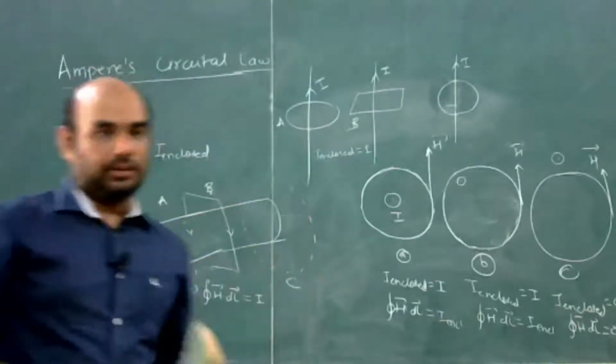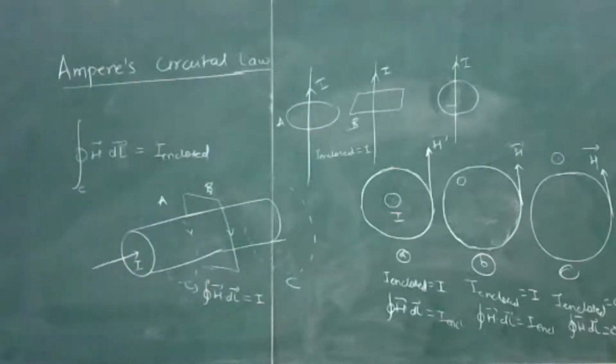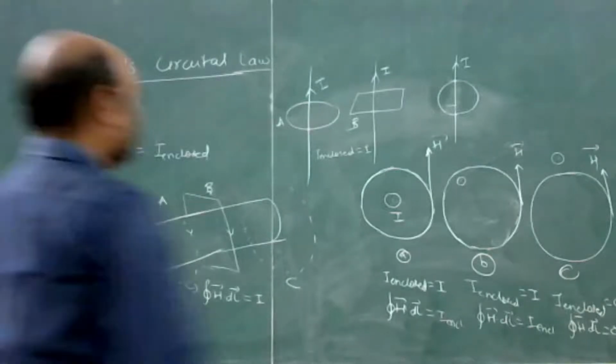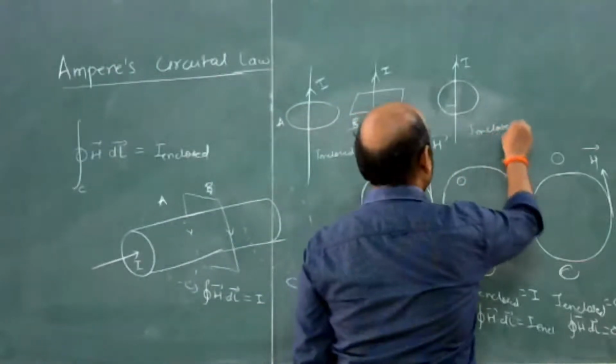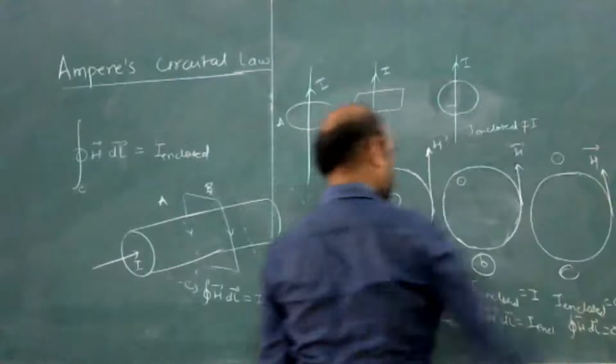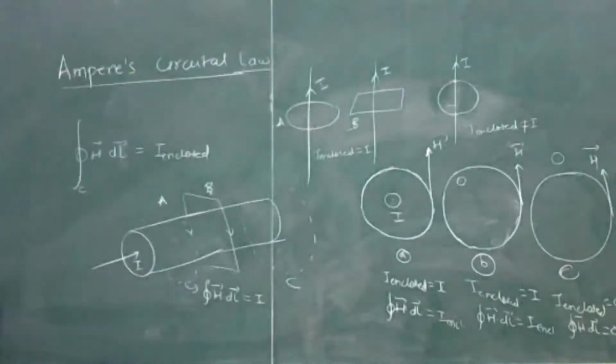So here, the current I enclosed will not be equal to I if a conductor is passing through the loop.